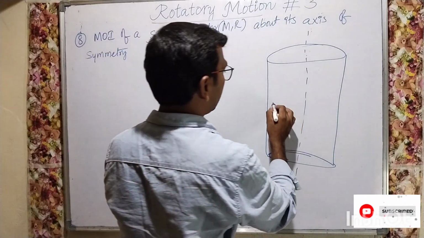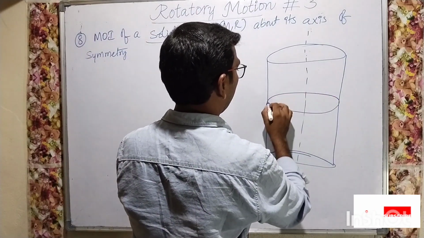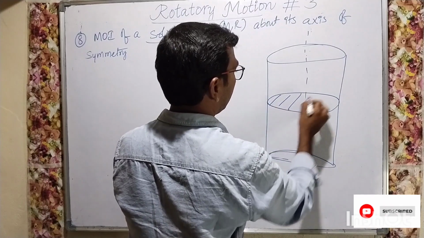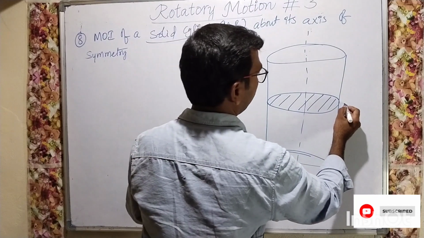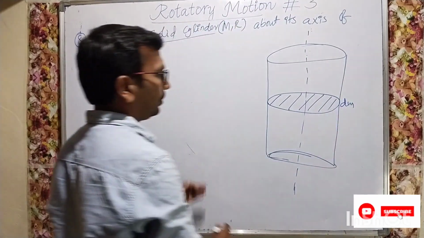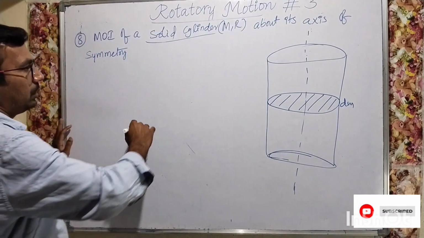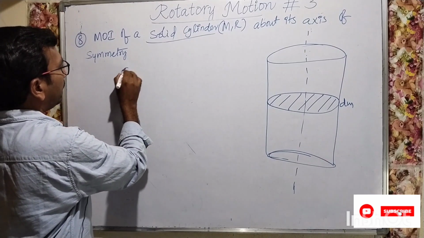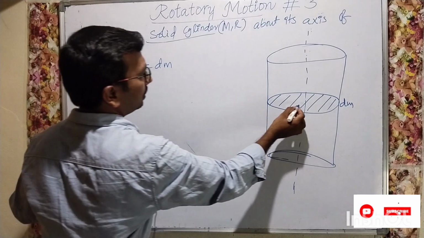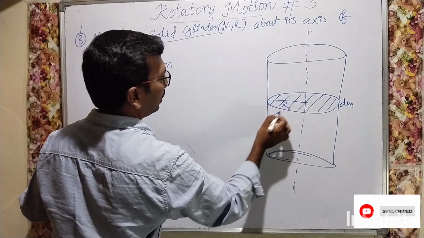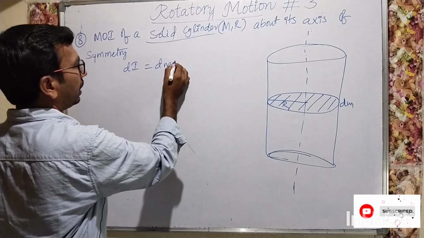I will consider a small elemental part, which becomes a small element disk of mass dm, with radius R.